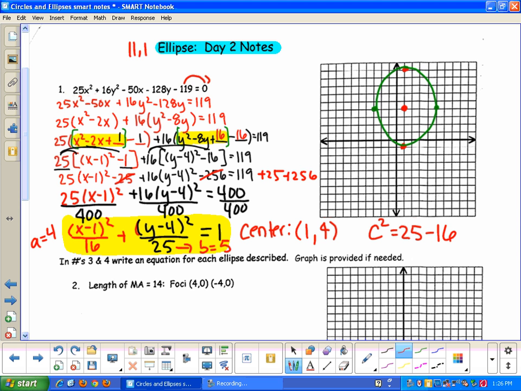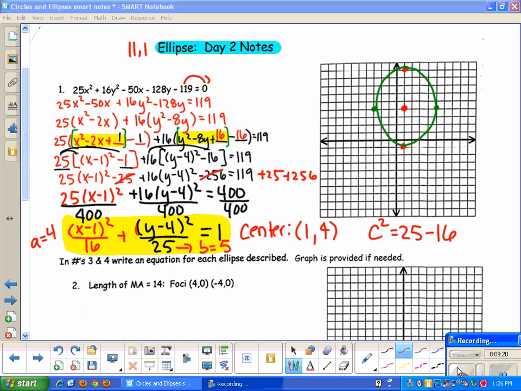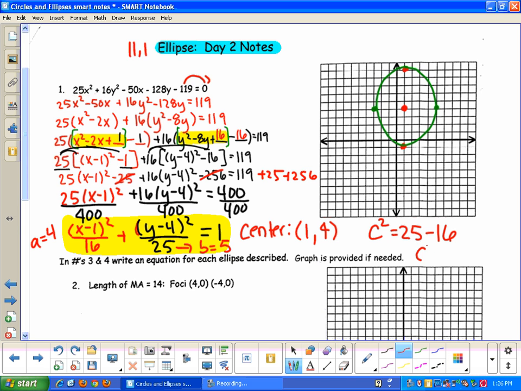So when we do this, we end up with 9, so c squared equals 9, so c is equal to 3. So remember that your focal points are always on your major axis, which is the y. So from the center, we count up 1, 2, 3, and down 1, 2, 3. So that gives me my foci. And that would be my equation.